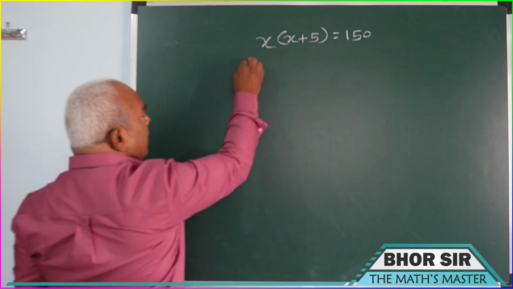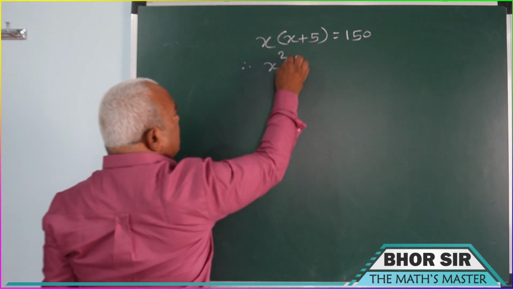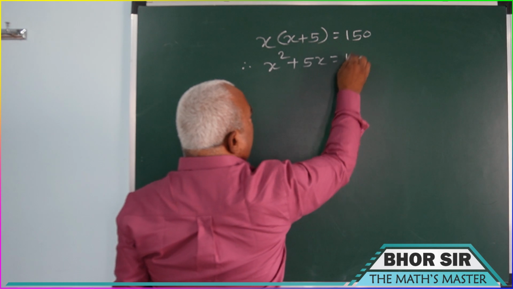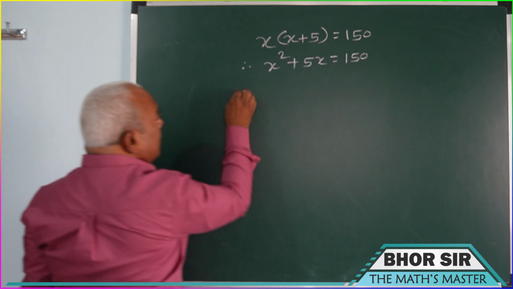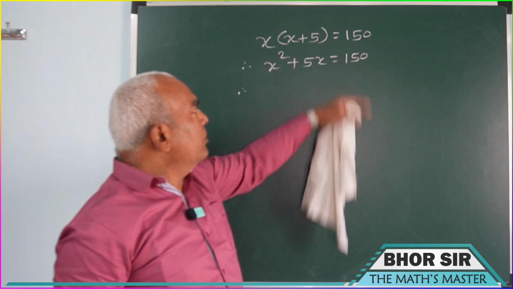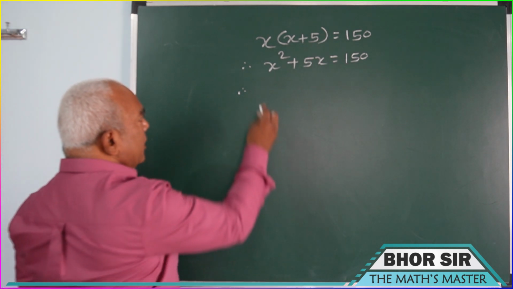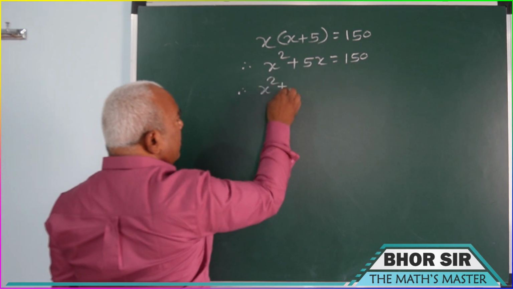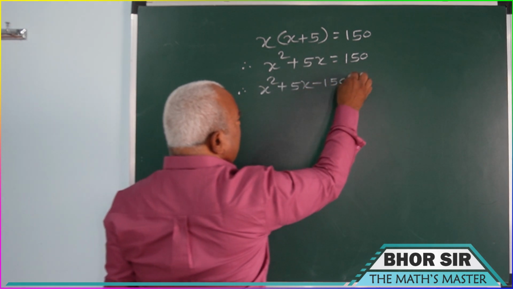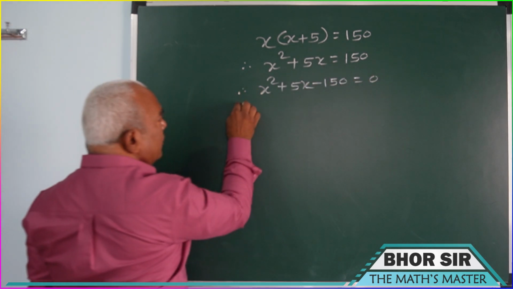Now x into x is x square, x into 5 is 5x, equal to 150. The 150 on the right hand side will become minus. Then the answer coming is x square plus 5x minus 150 is equal to 0.